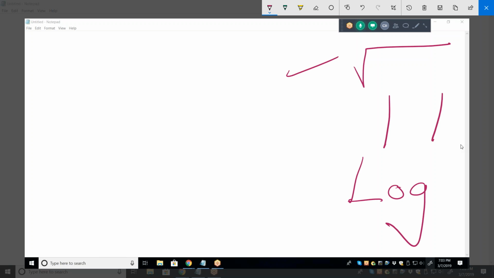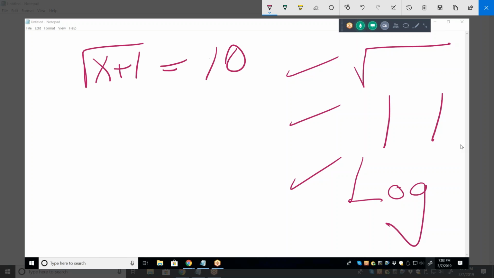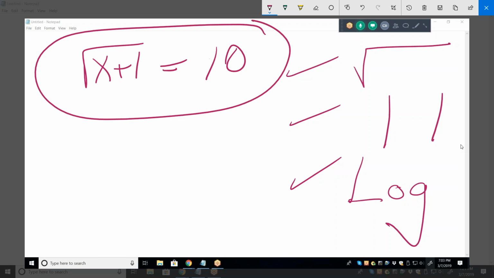So these are the ones to keep your eye out for. When there is a radical sign in the equation, be careful. You may end up with two solutions, but one of them doesn't work, and you have to throw that out. It's called an extraneous solution.